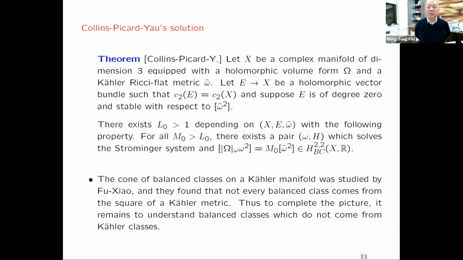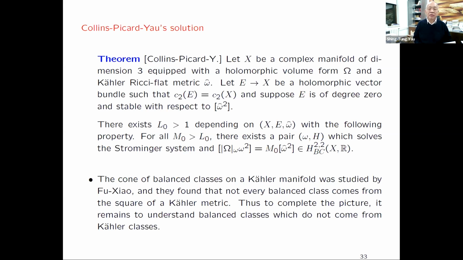Say we have a bundle satisfying the necessary condition, namely the second Chern class of the bundle equals the second Chern class of the manifold. And suppose E has degree 0 and is stable with respect to this balanced class. Degree 0 is necessary because we need to make sure the Strominger system holds.